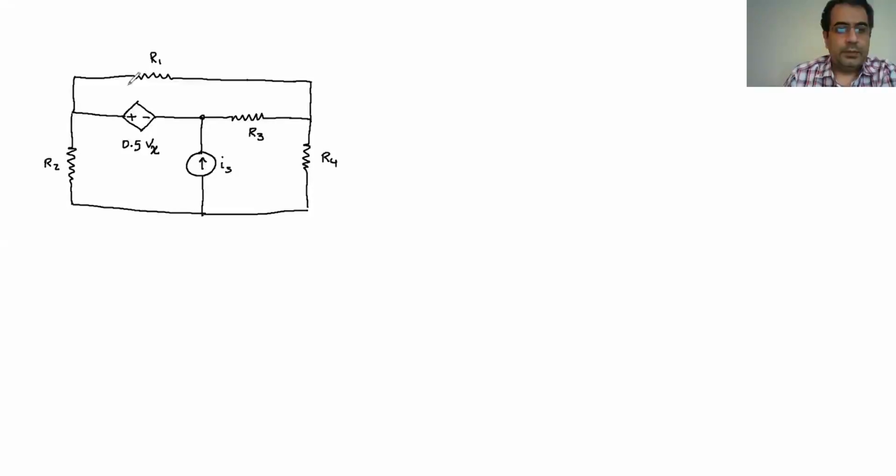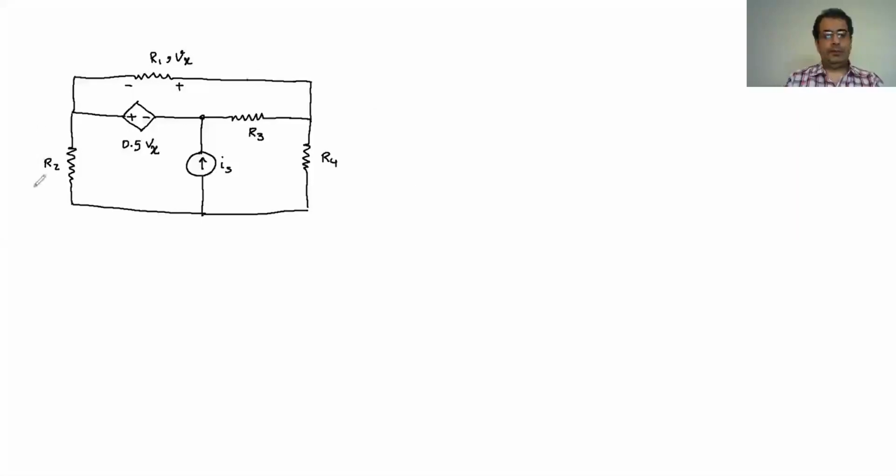And then the voltage across R1 is going to be Vx. So it's R1, and the voltage here is going to be Vx.